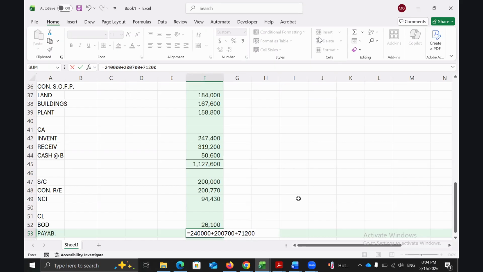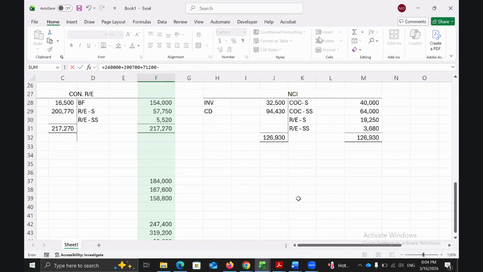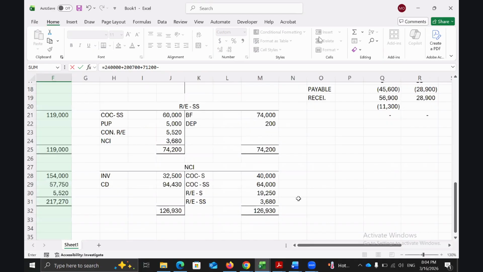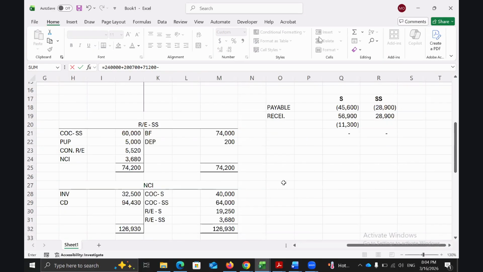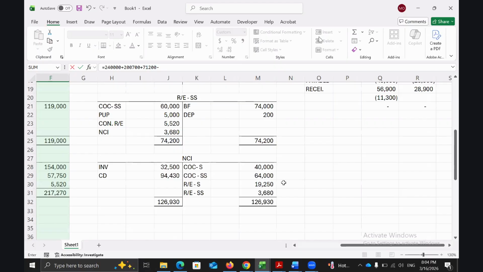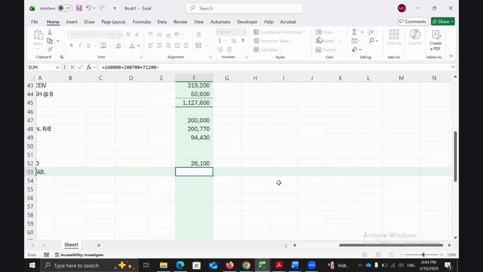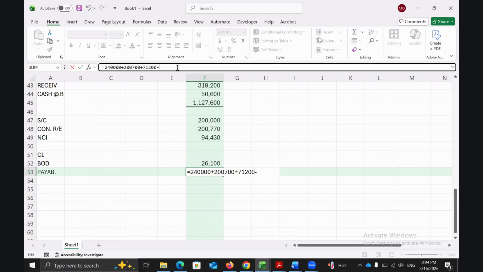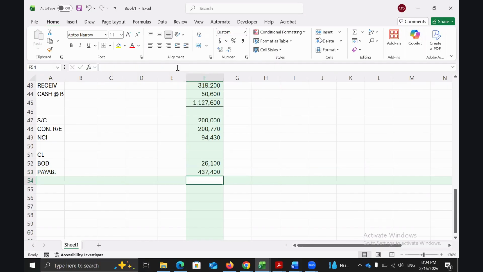But from this, as intragroup balances, we had 45,600 and 28,900. This is the final payable balance.